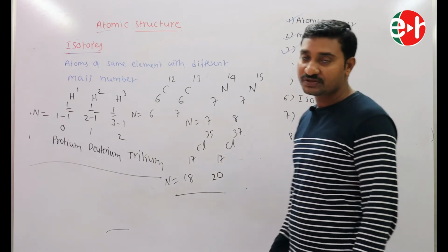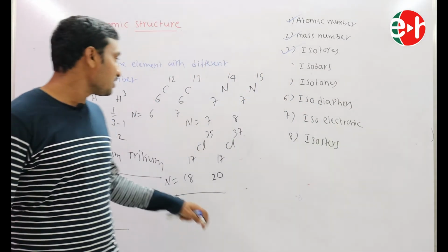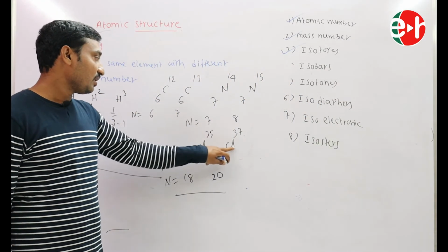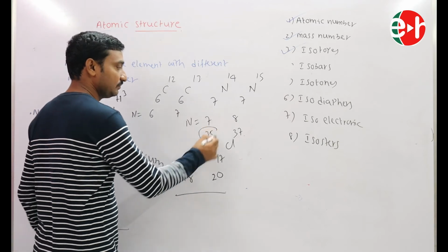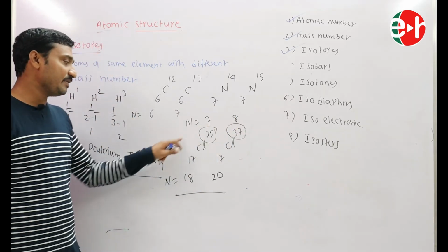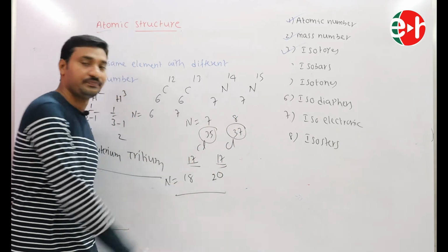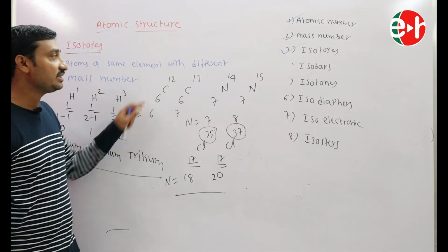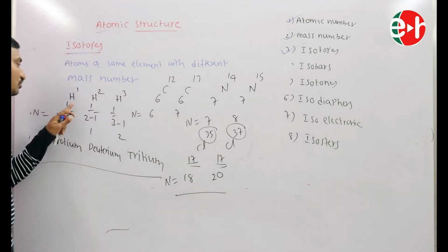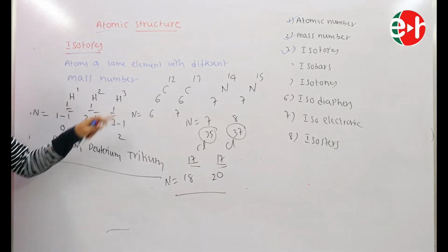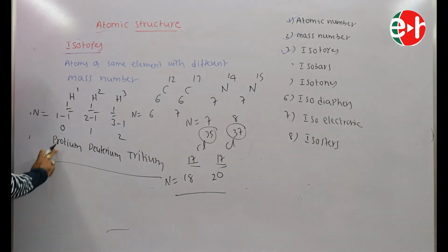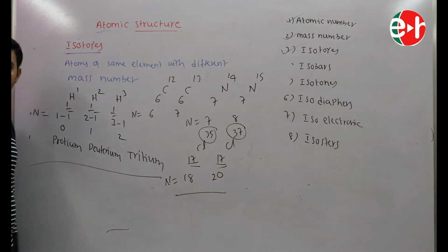So isotopes are atoms of the same element with different mass numbers. Same element means the atomic number is also the same. Okay, so these are isotopes. Hydrogen isotopes 1H1, 1H2, 1H3 are known as protium, deuterium, and tritium.